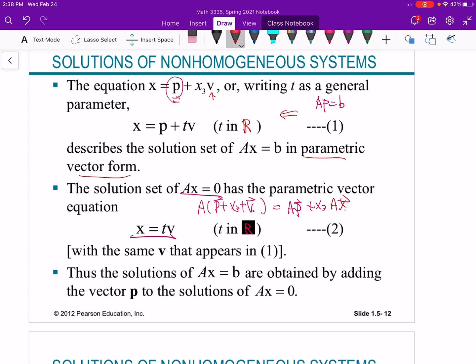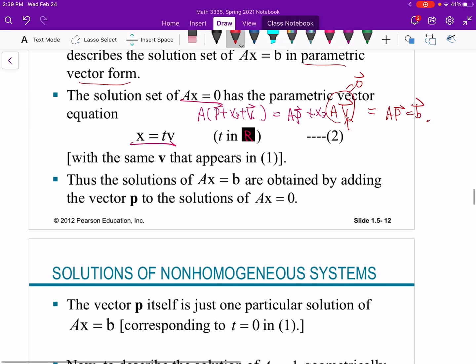Remember, Av equals the 0 vector. So that becomes Ap, and Ap equals b. So that satisfies the original vector equation.